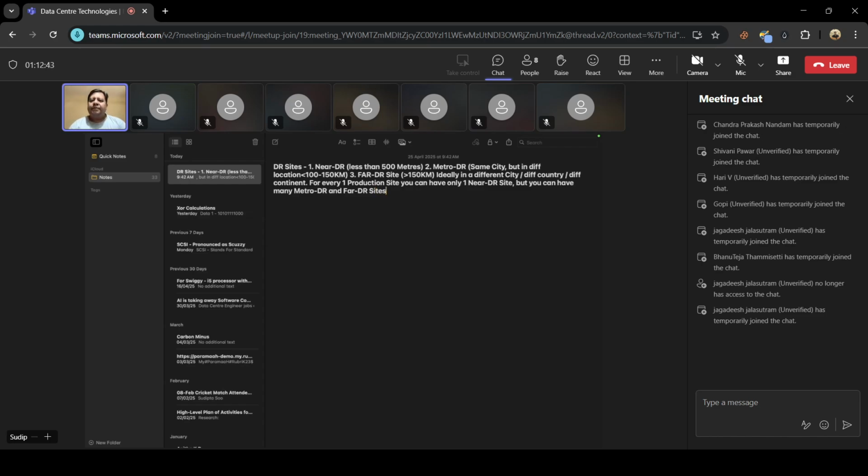For every one production site, you can have only one near DR site, but you can have any number of metro DR and far DR sites. And here is where you will have to understand that when replication is done to the near DR site, it will be synchronous in nature.